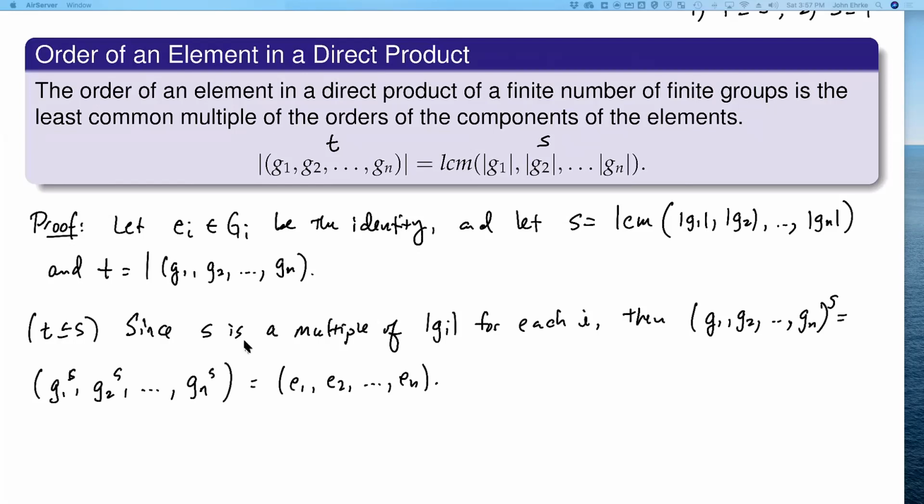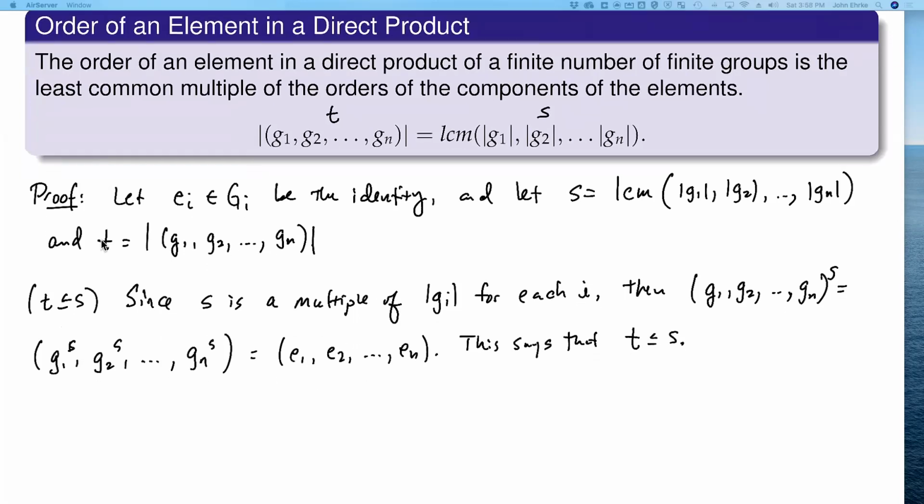But remember that t is assumed to be the order of this element. s then is a multiple of these, which means that you're producing the identity. So if you raise this element to the s, you produce the identity, but t is the smallest such value for which that can occur. So this says that t must be less than or equal to s because t is the order.